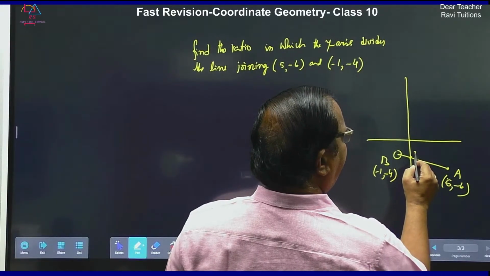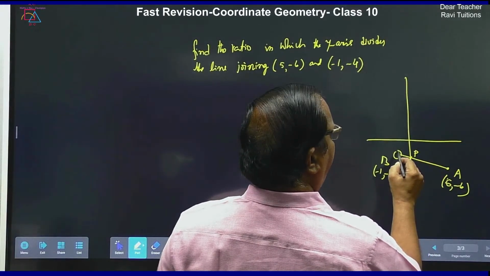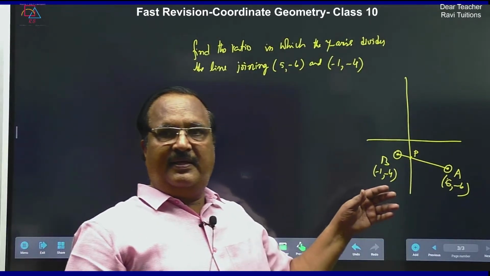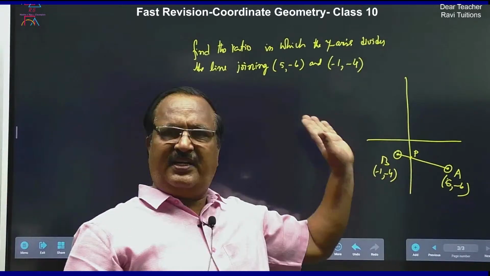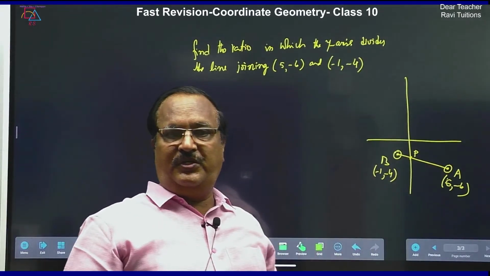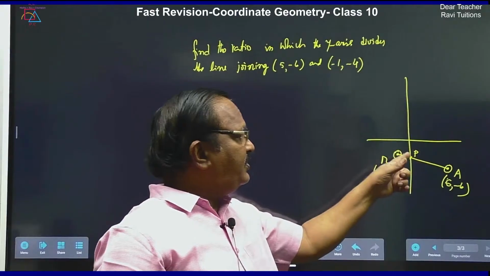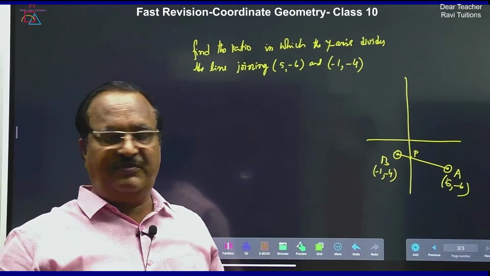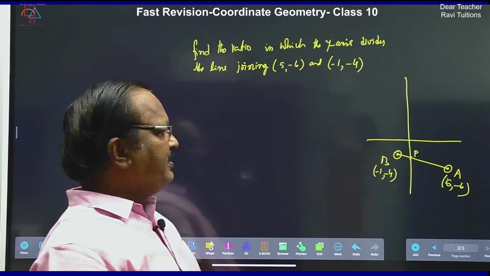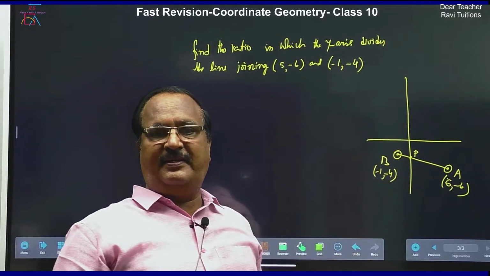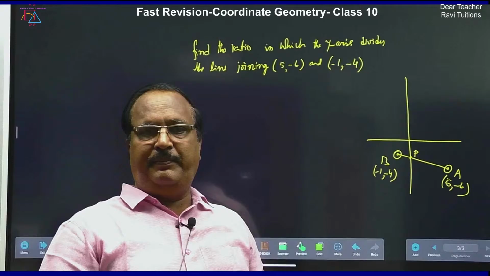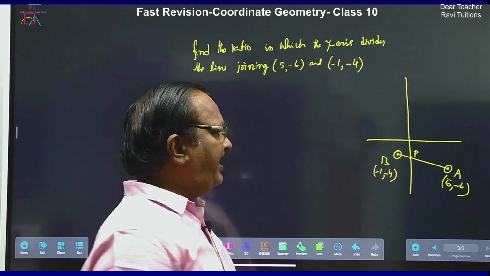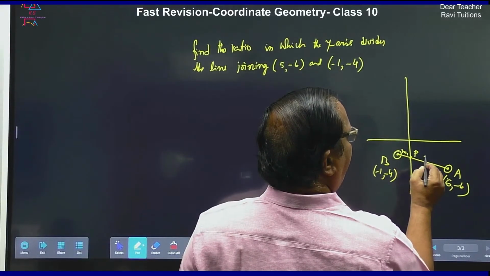The y-axis is dividing it at P. The line is extended, but we are bothered about only these two. So now in what ratio is P dividing AB? This is the question. We have to find the ratio in which P is dividing AB. Let us say this is M1 and this is M2.